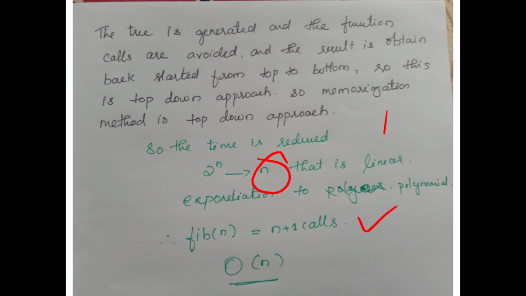Those calls are enough to find the solution of dynamic programming using the memoization method. Then we get the final answer: big O of n or theta of n. We only need the n values, that means n solutions. N solutions are enough to solve the problem.